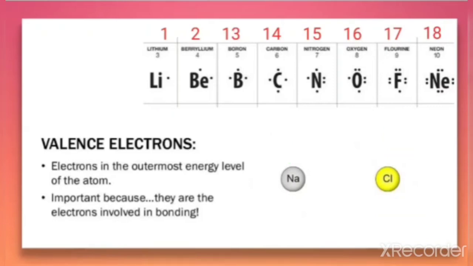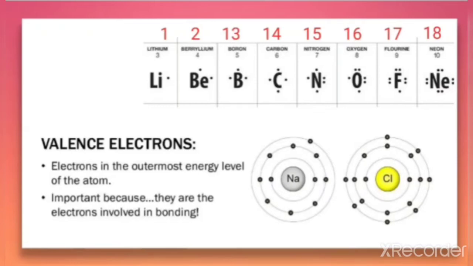So let us check the answer by making the diagram structure of sodium and chlorine. When we make it, it will be in this way. Atomic number for chlorine is 17, atomic number for sodium is 11. When you make the electronic arrangement, it will be in this way. Now let us count the number of valence electrons, that means electrons in the outermost shell.